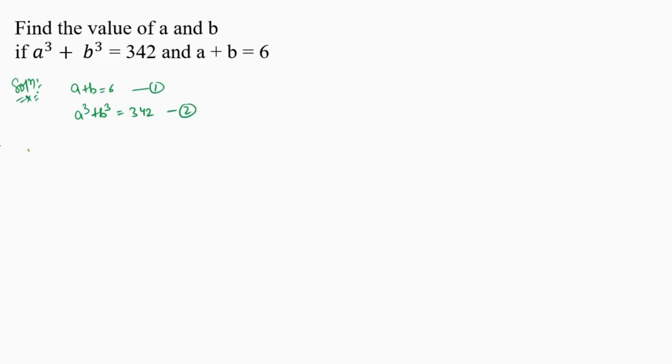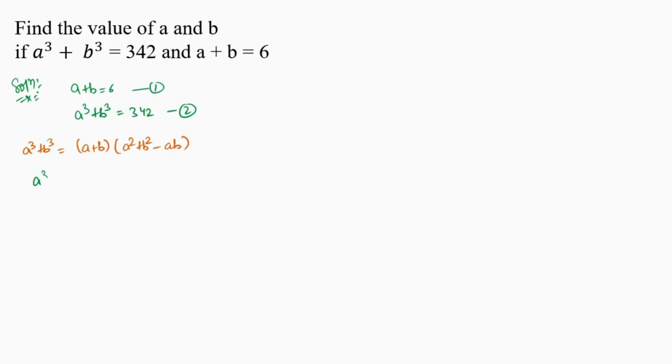Now as we know, a cube plus b cube is equal to (a plus b) times (a square plus b square minus ab). So apply this formula in our problem.